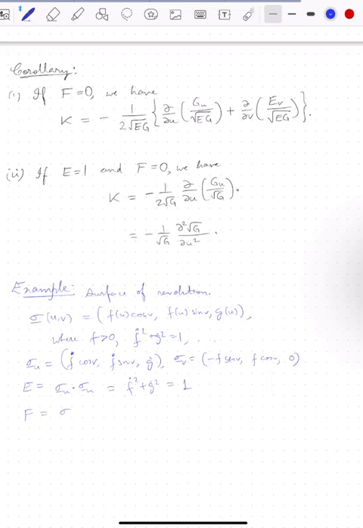And F is sigma_u dot sigma_v, which gives minus f f dot sin v cos v plus f f dot sin v cos v, so this is 0. And G is sigma_v dot sigma_v, which gives f squared.